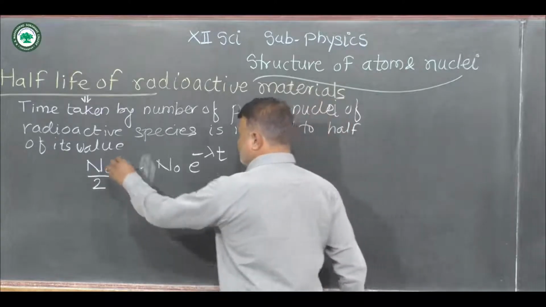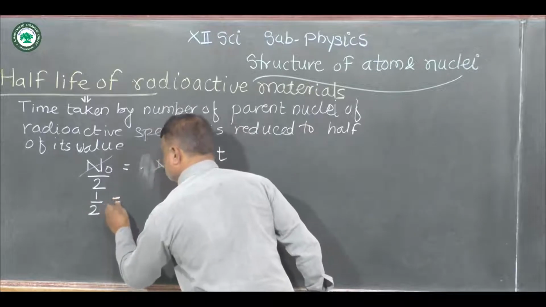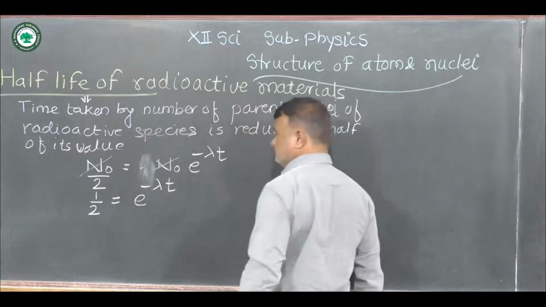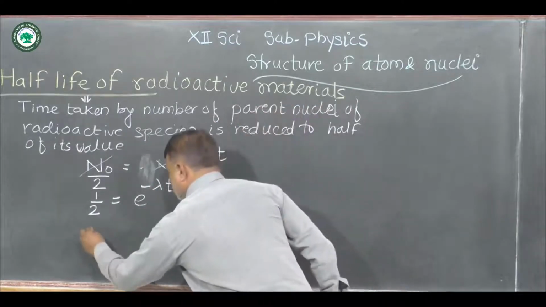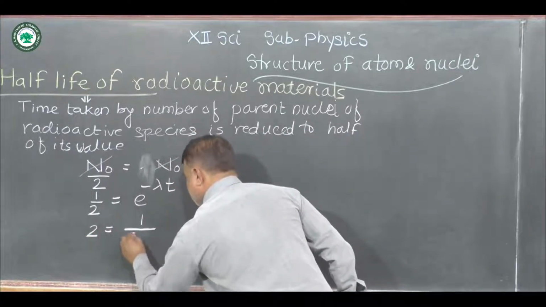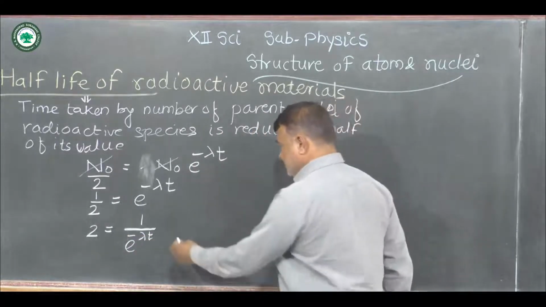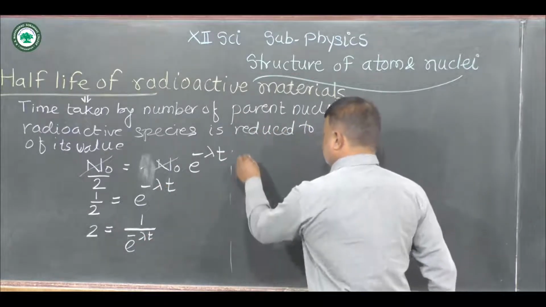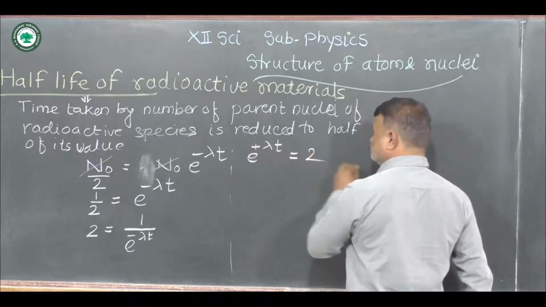Now here N0 gets cancelled, so remaining is half equal to e raised to minus lambda t. By taking reciprocal of both sides, we get 2 is equal to 1 upon e raised to minus lambda t. Now this e raised to minus lambda t on the upward side will become e raised to plus lambda t, that is equal to 2.